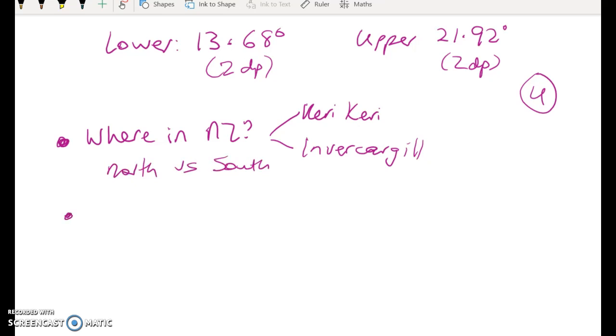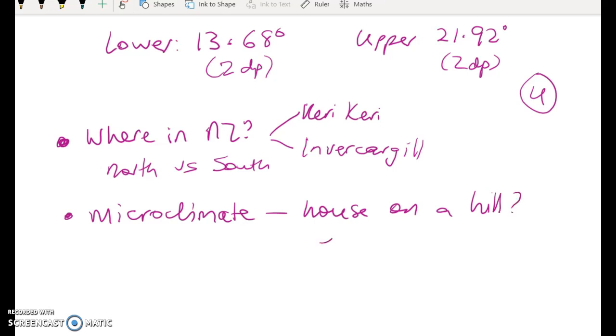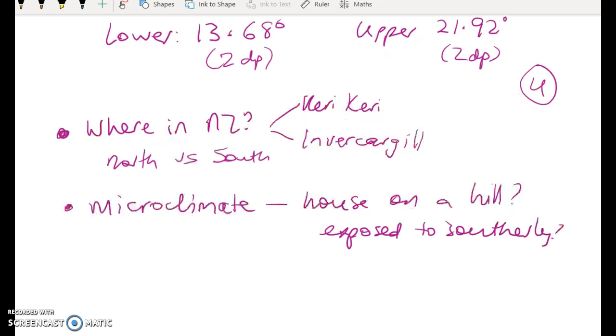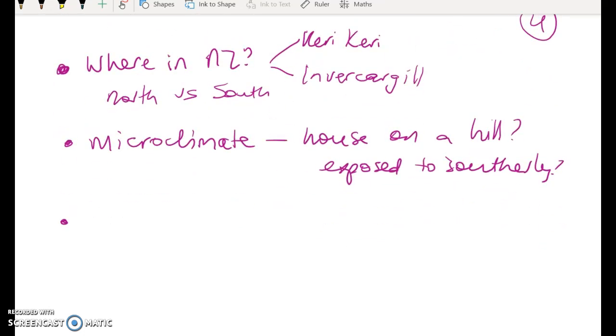The next thing that you might want to talk about is the idea of a microclimate. Doesn't need to be that fancy a word. Is the house on a hill? Is it exposed to the southerly? And so on, so linking to the context. And then the last big thing with New Zealand houses is how old the house is and what building materials it's built from.